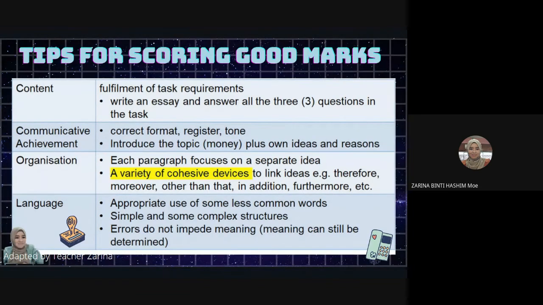For organization, each paragraph focuses on a separate idea. That means paragraph 1 is only on introduction. You don't mix it up with the main idea. Paragraph 2 is only for question number 1 just now, don't mix with question number 2.